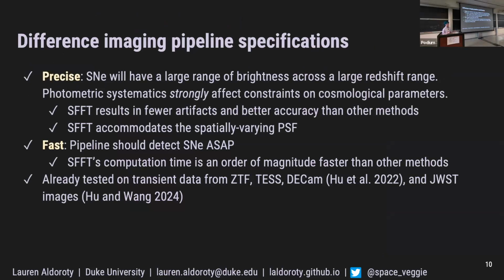It results in fewer artifacts and has better accuracy than other methods, and it accommodates the spatially varying PSF. It's also fast. The computation time is an order of magnitude faster than other methods, and it's already been tested on transient data from ZTF, TESS, DECam, and JWST. So it is a good candidate.